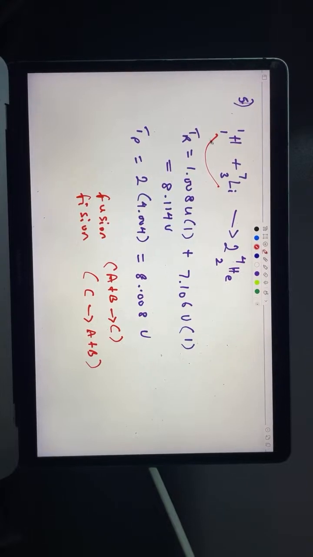So what we know about this reaction now is that it is a fusion reaction, and from what we can see, the total for the reactant is greater than the total for the product. This implies that energy has been released, because what we started with is more than what we are getting now. Hence, in nuclear fusion, energy is released.